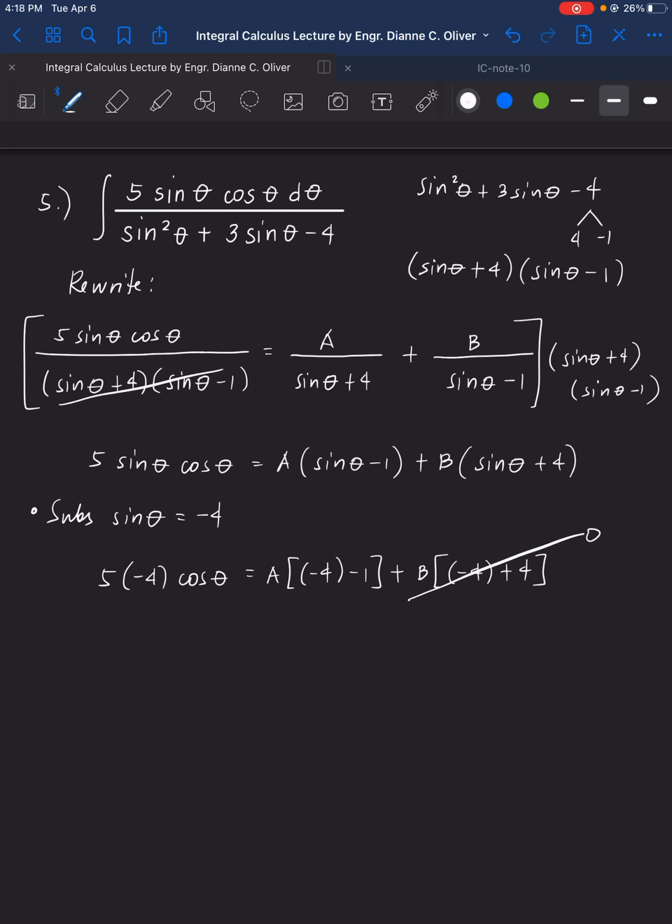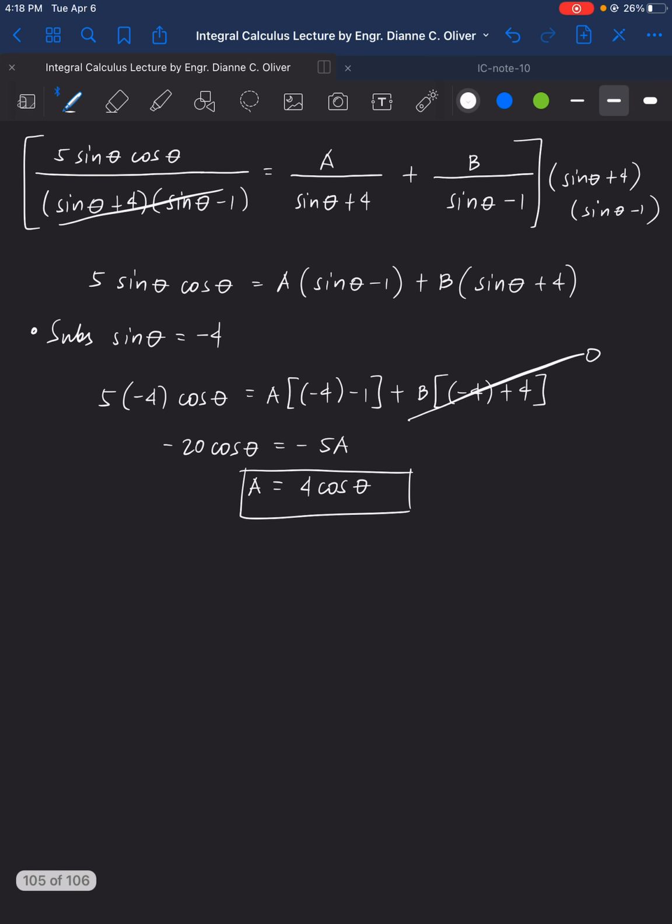So this is already 0. So here we have negative 20 cosine theta is equal to negative 5A. So we have now A is equal to 4 cosine theta. So that's the value for A.